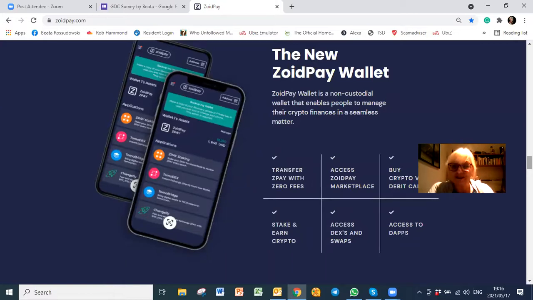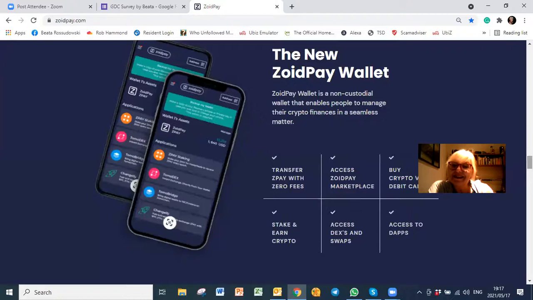The next question that I'm being asked on a quite regular basis is, now the ZoidPay wallet, what's the big deal about this? I think what's nice about the ZoidPay wallet is that you've got one single address and you can literally store all your cryptocurrency with the same address.